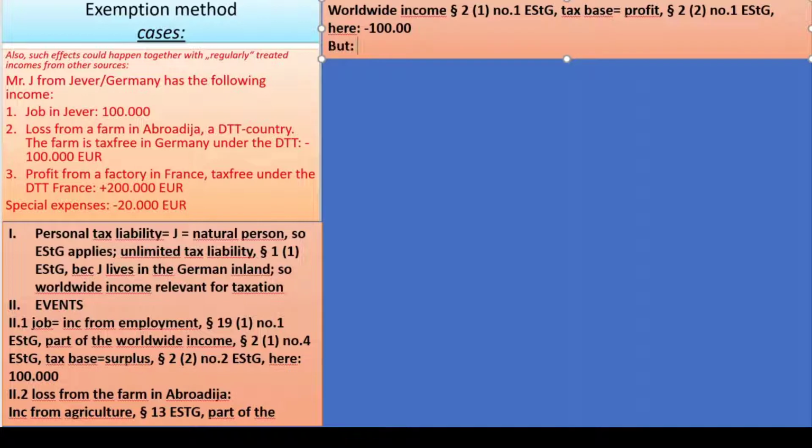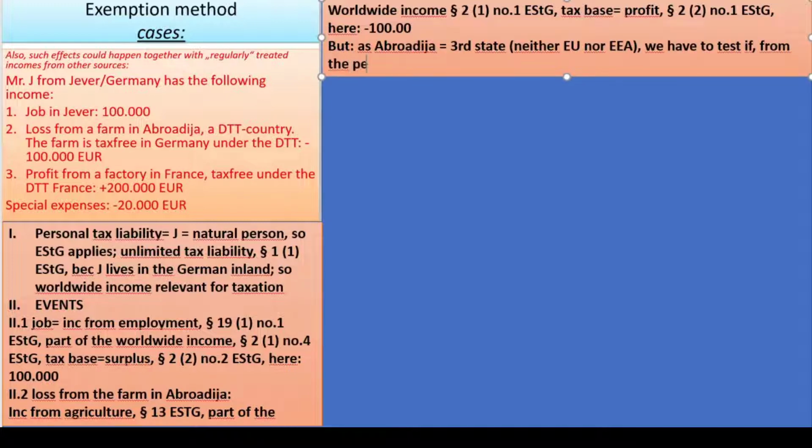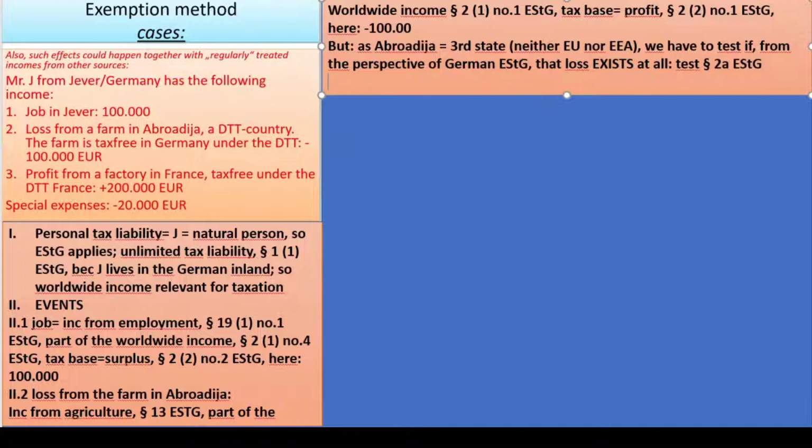But as Abrodia is a third state, neither EU nor EEA, we have to test if, from the perspective of German ESTG, that loss exists at all. Test paragraph 2a ESTG.